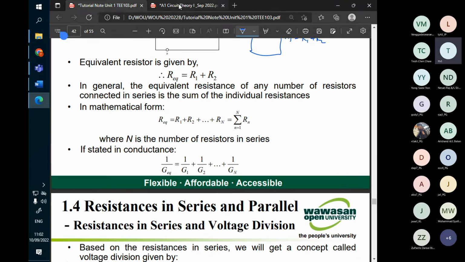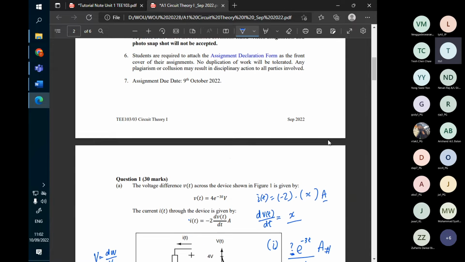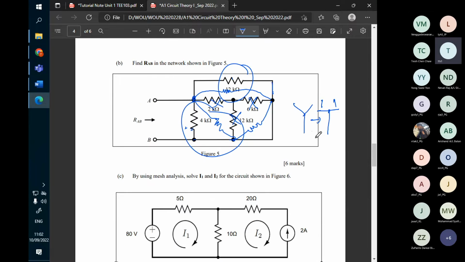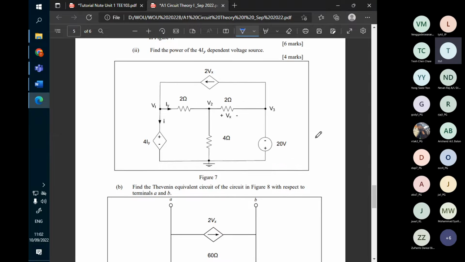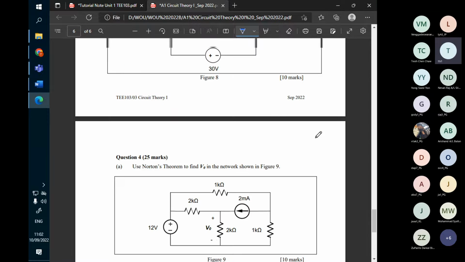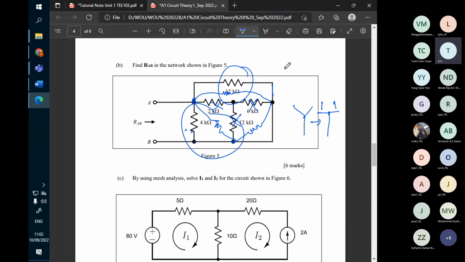Okay, but I don't think you have any question related to this, not in this semester. In the previous semester, you had one circuit where you would be asked to reduce or simplify the total resistance, but not here. I can't see any such circuit. This one looks like one, but it is only partially.